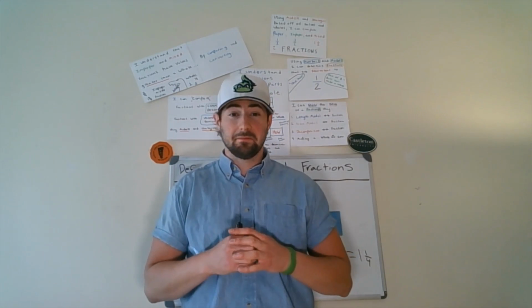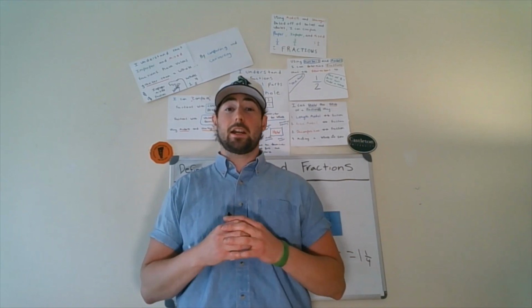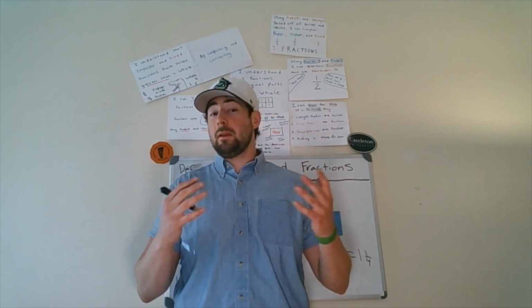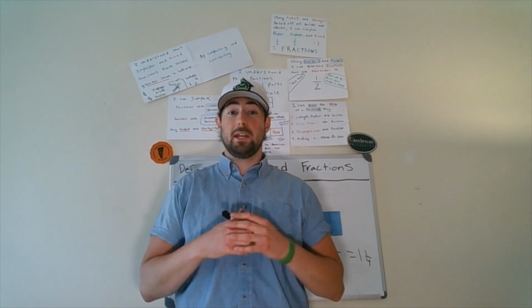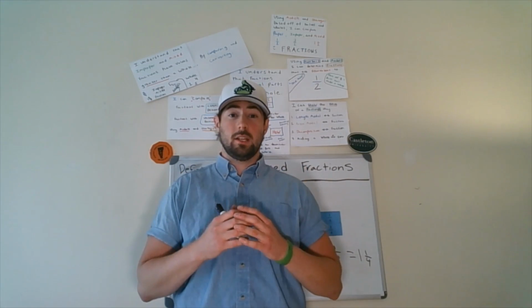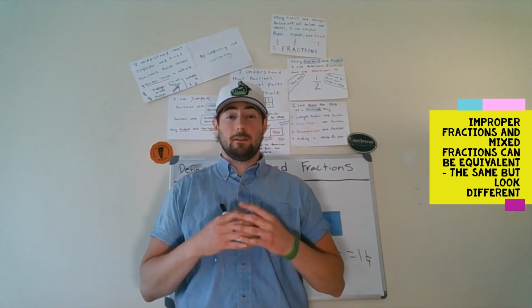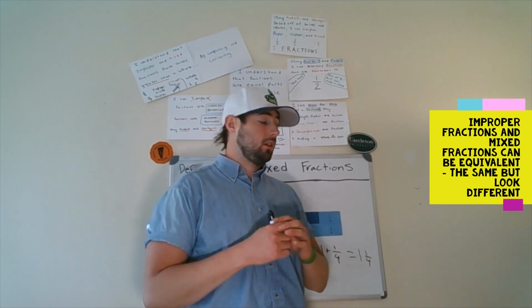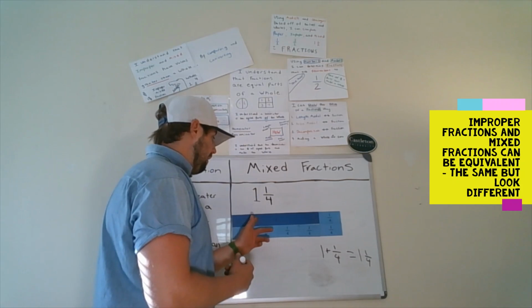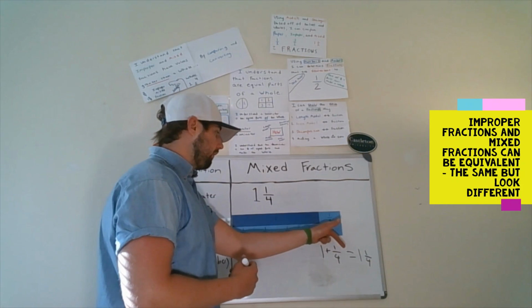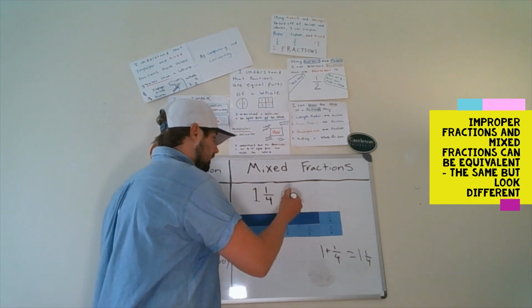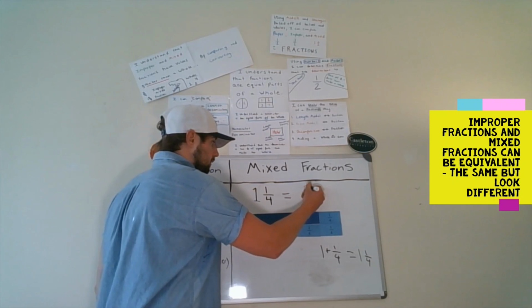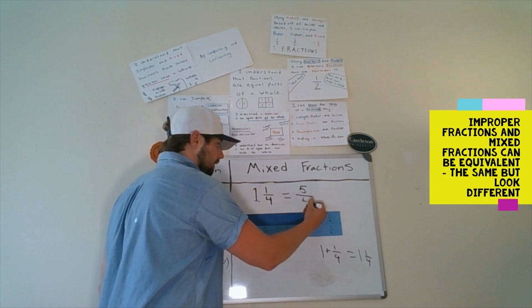So actually, mixed fractions and improper fractions can be equivalent. Improper fractions can be equivalent with mixed fractions, much like we found here. 1 and 1/4 is equivalent to 5/4.